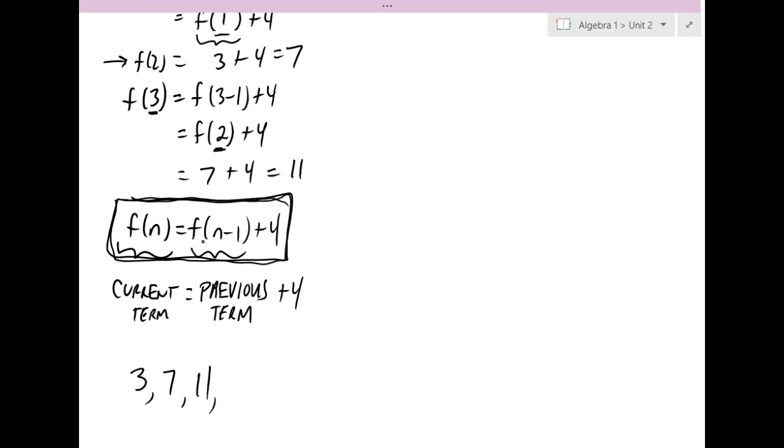But if we recognize that the n minus 1 is just going to back us up by 1, that's always going to be the previous term. So to get this sequence, if we can write these things in words and recognize that the current term is always equal to the previous term plus 4, then I can generate this series really easily just by taking the term and adding 4. So if I want to know the fourth term, I take the third term and add 4, and it's 15.